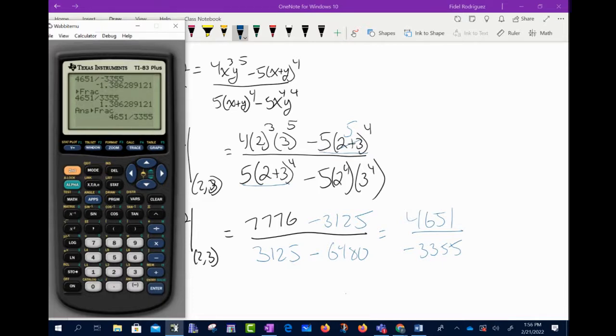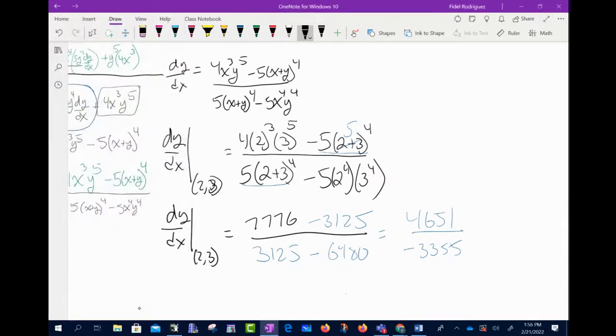Yeah, it won't reduce. So I'm going to come up with a negative 1.3863. Does that sound reasonable? Let me see.